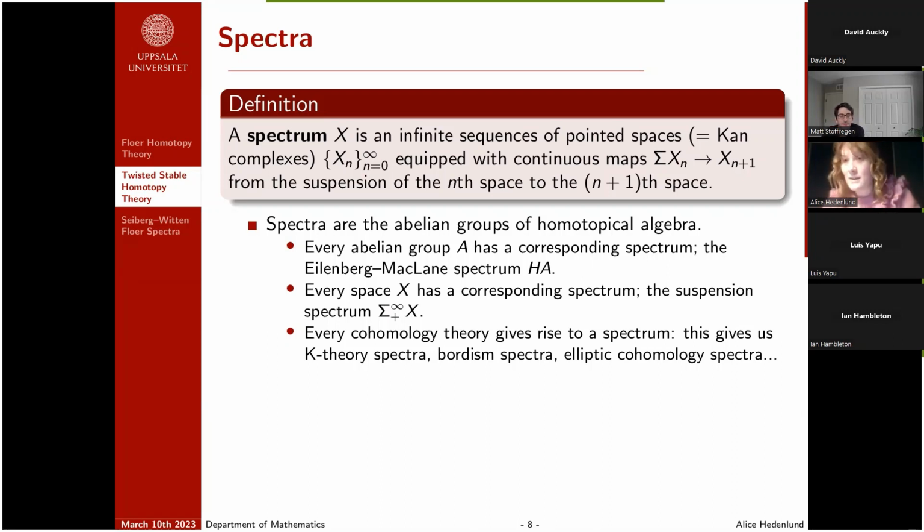Complex K-theory and real K-theory will give you these spectra. Different bordism theories will give you spectra. Elliptic homology gives you a spectrum. There are many examples like this. And in particular, if I just look at homology with coefficients in some abelian group A, I just recover this Eilenberg-MacLane spectrum up here.